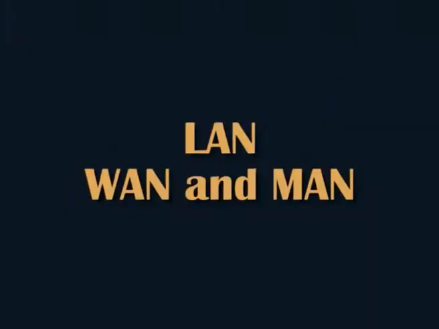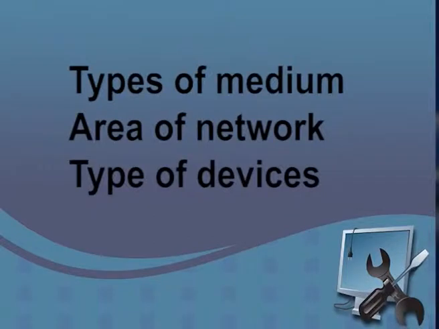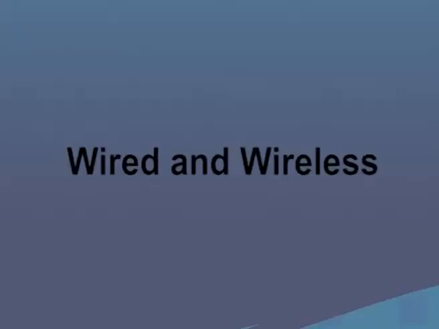Let us come to the fourth module, a discussion of LAN, WAN and MAN. There are different types of computer networks. They can be categorized on many factors, that is, the types of medium, the area of network, the type of devices, etc. In case of medium, networks are divided into two categories, wired and wireless.